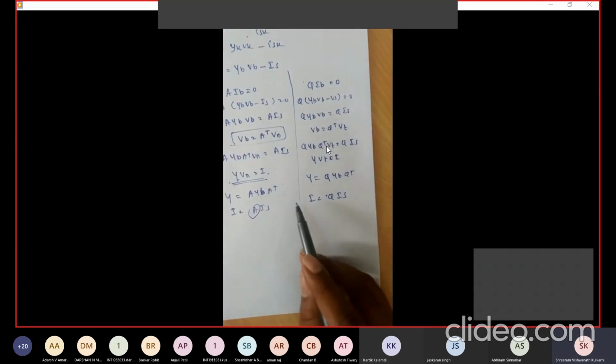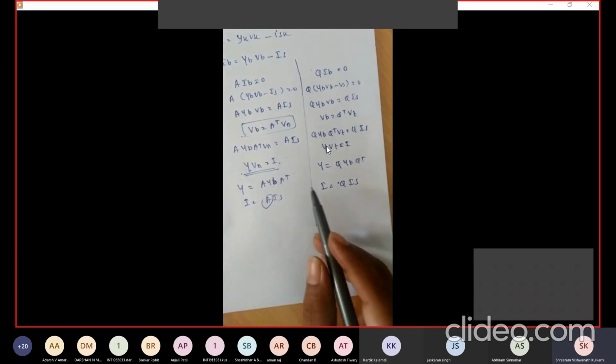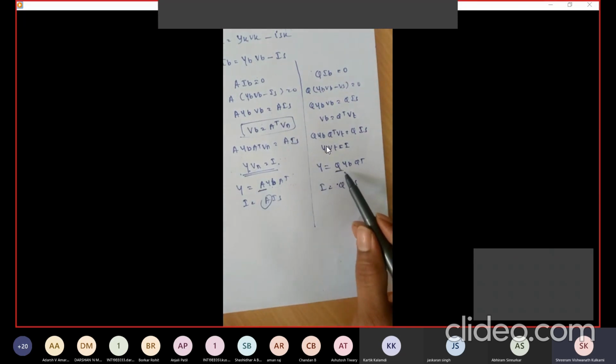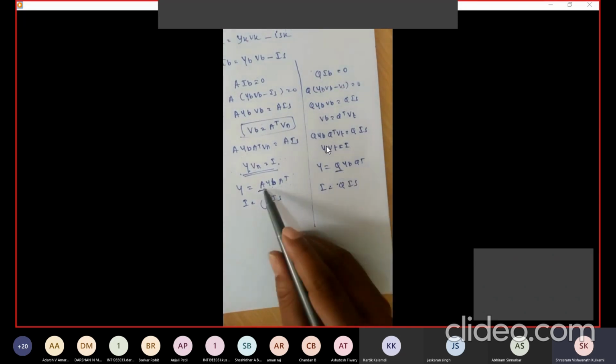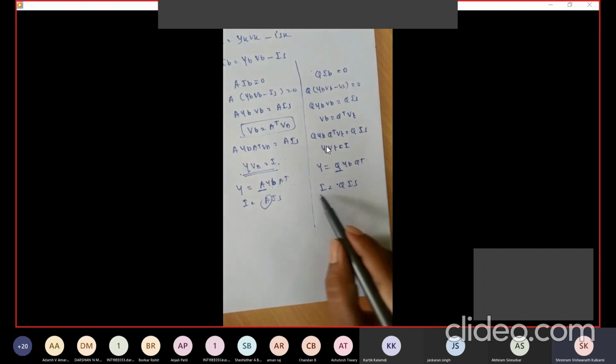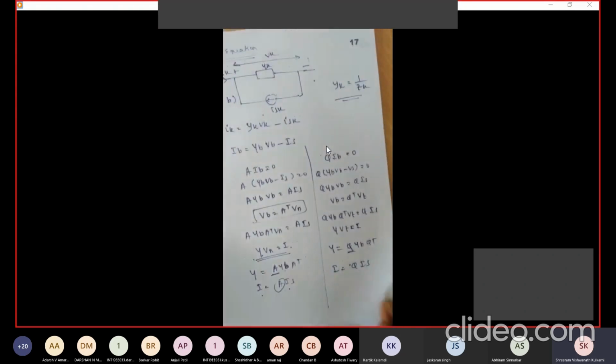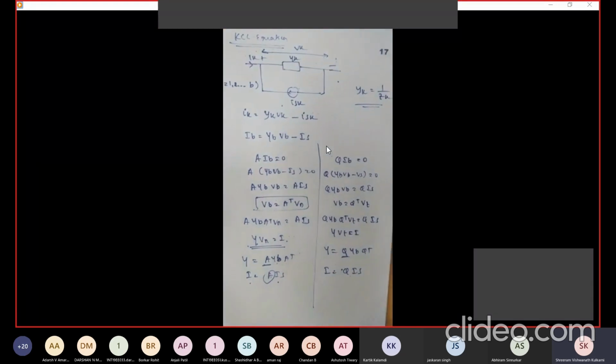There are two KCL equations we can get, where A is the incidence matrix and Q is the cut set matrix. I equals Q IS, I equals A IS. For this matrix, we are going to get like this.